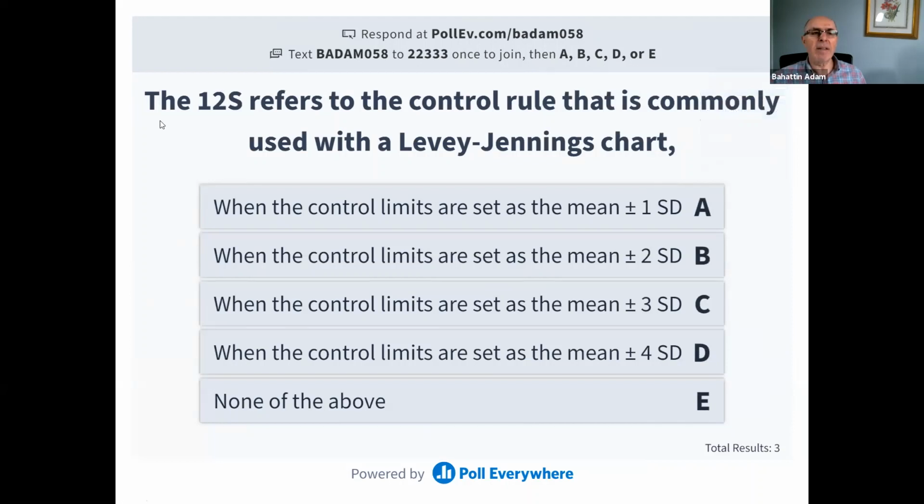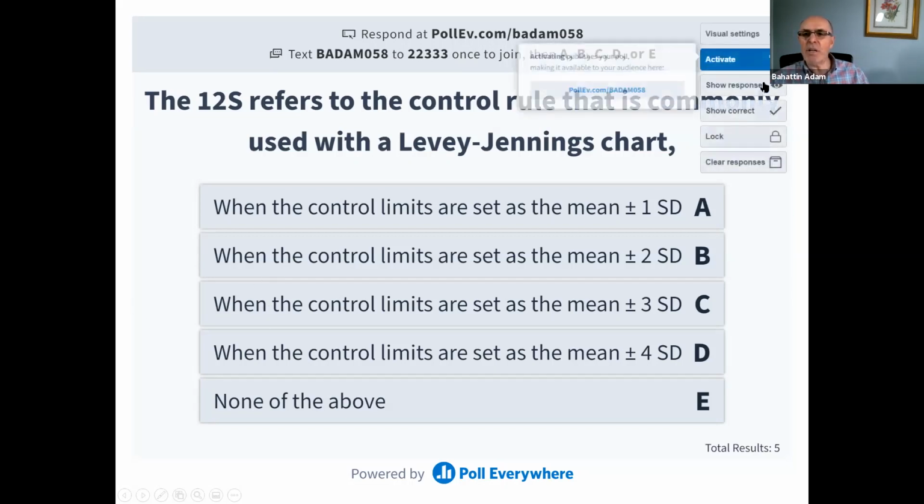Okay, this is 1 2S. It refers to a control rule that is commonly used with Levey-Jennings charts. What does it mean if one control sample exceeds 2 standard deviations?